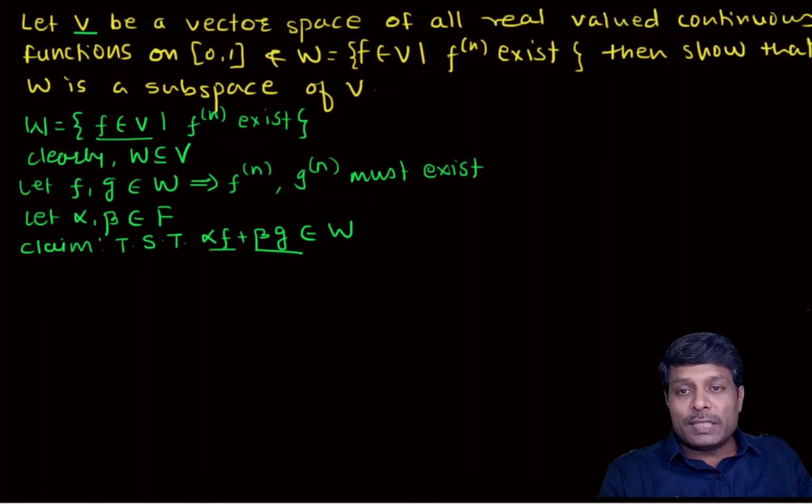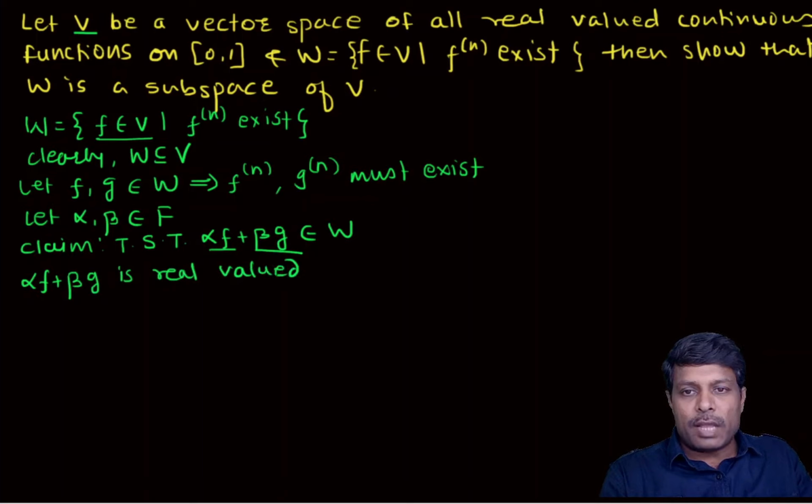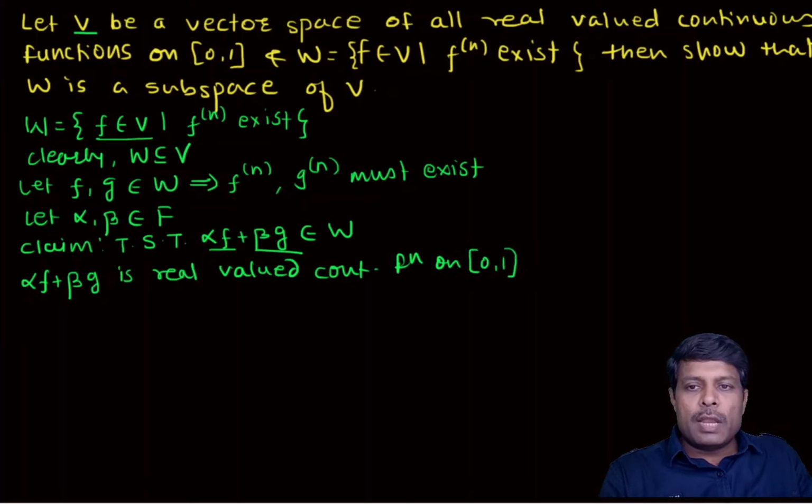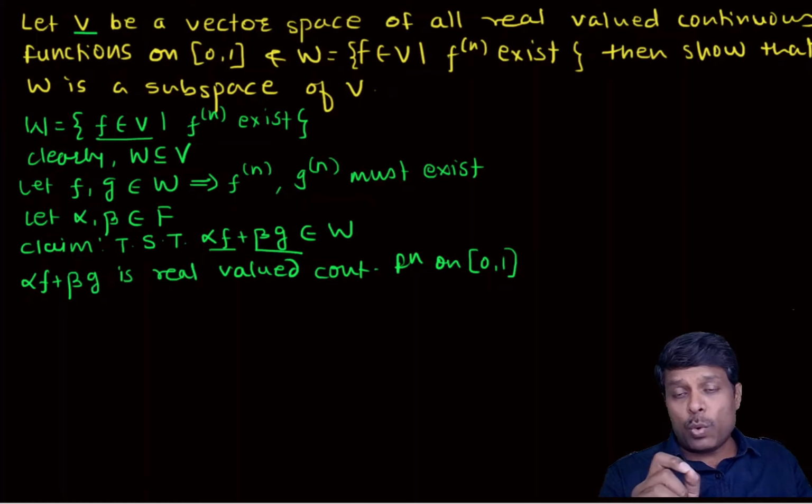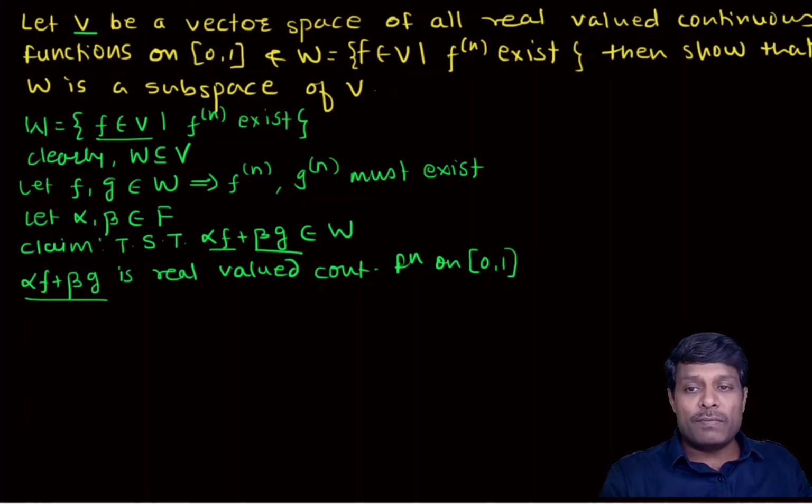So we can say that alpha f plus beta g is a real valued function. Also it is a continuous function on the unit interval. Now we have to check only the last criterion, that is, the nth derivative of this must exist, and if it exists then this will become a member of W.